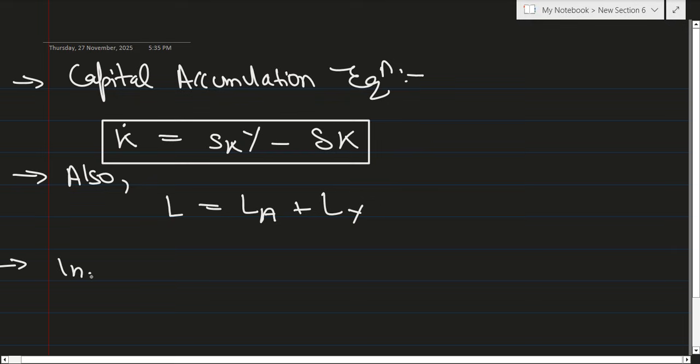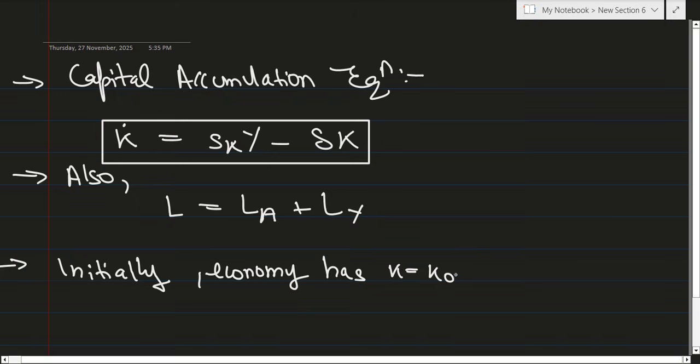Okay, now initially the economy has K equals K naught, L equals L naught, A equals A naught, A_i equals A naught.